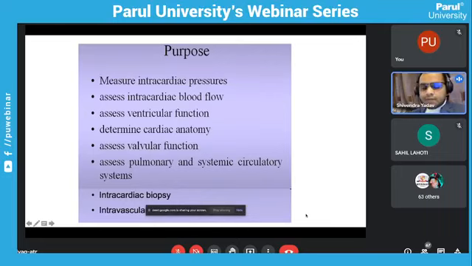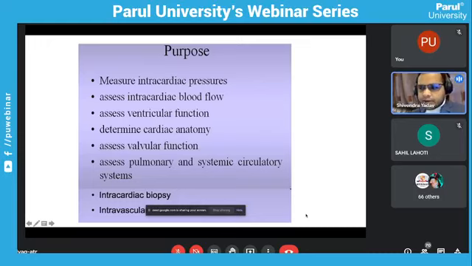As I told you, if the LV end diastolic pressure is very high, that gives an idea that this patient can have LV dysfunction. Even if the echo is normal and you get a high LV end diastolic pressure, this can be a sign that the patient is going into heart failure. Or if the LV end diastolic pressure is high and echo shows normal LV ejection fraction, then this can be heart failure with preserved ejection fraction.